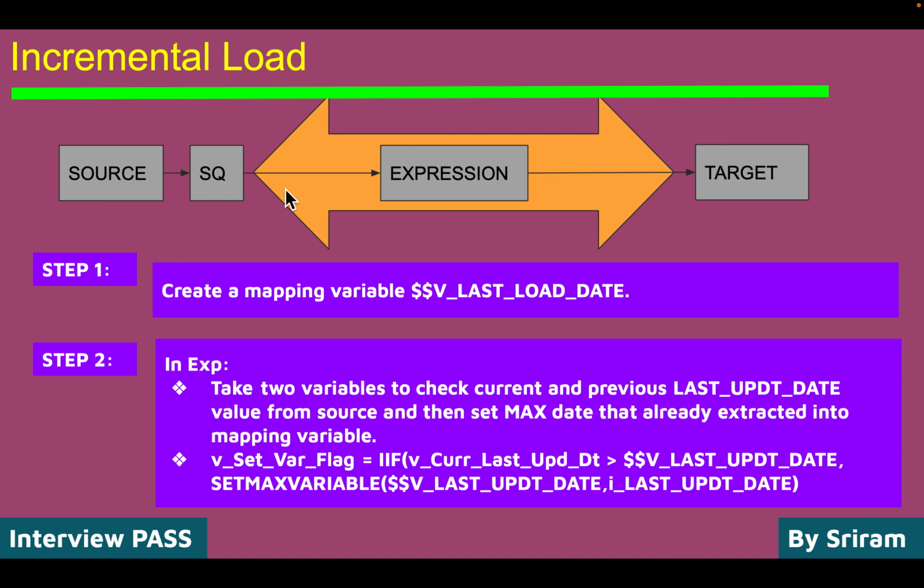Say you have loaded on 1/1/2022 and the source qualifier gets another record, 2/2/2022, then this will be updated with 2/2/22. Let us see more in the next illustration.